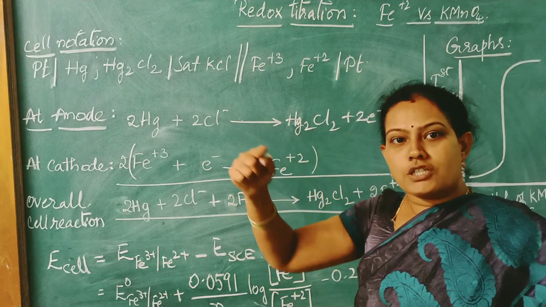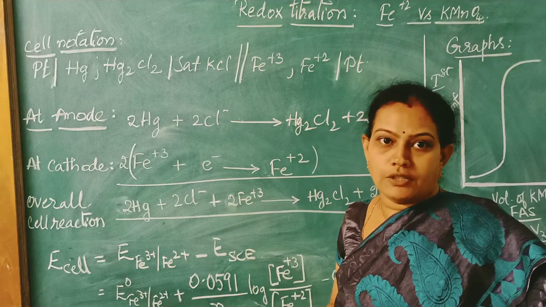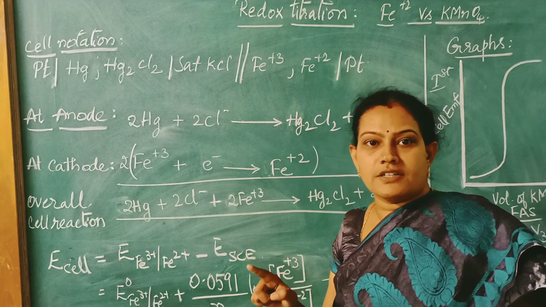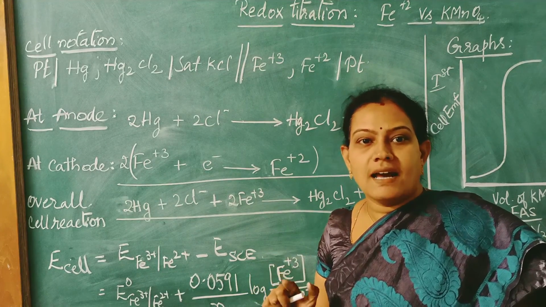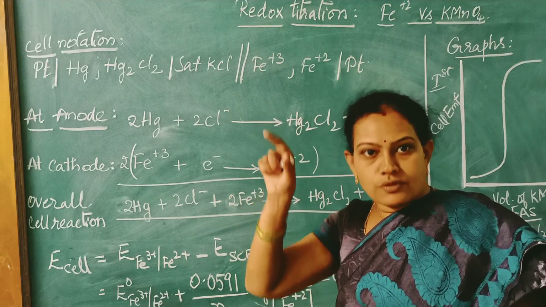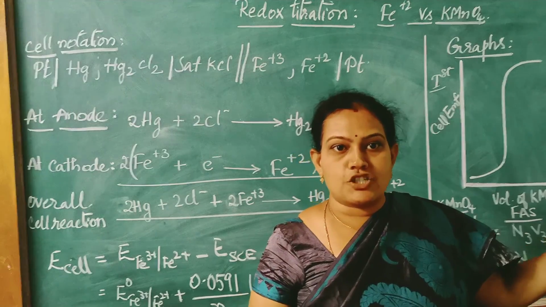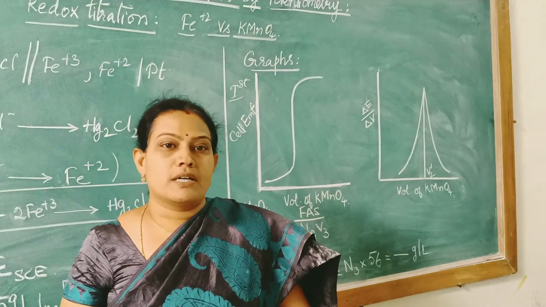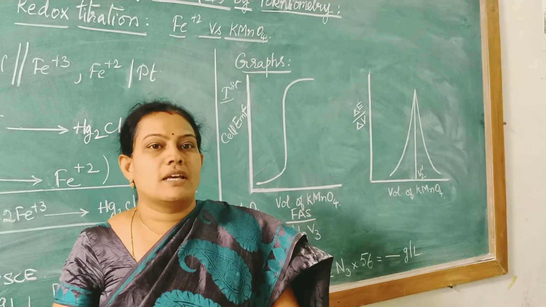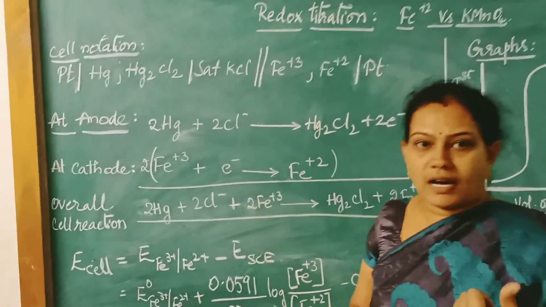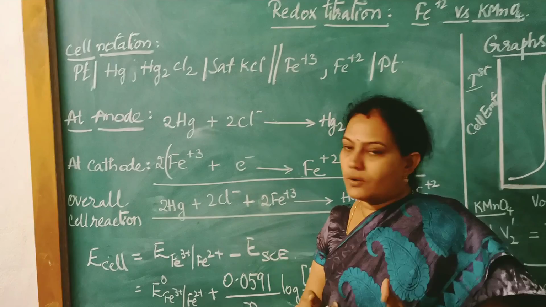Learning the variation in the cell EMF values, we'll be able to know where the redox titration is complete, and from the values obtained using a graphical representation, we'll be able to find out the amount of ferrous in the given solution.